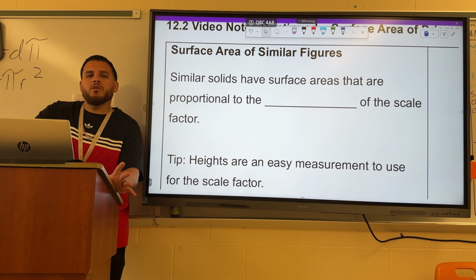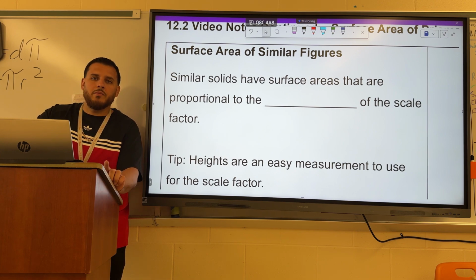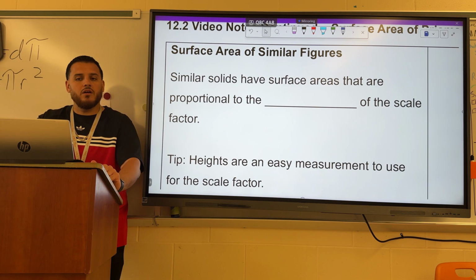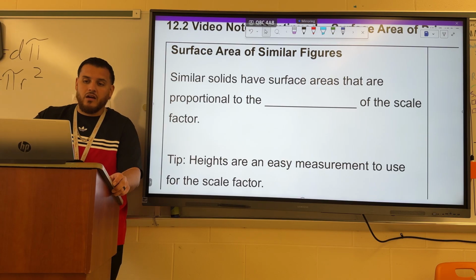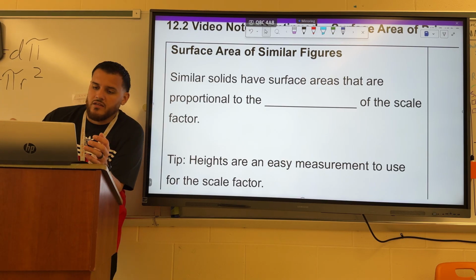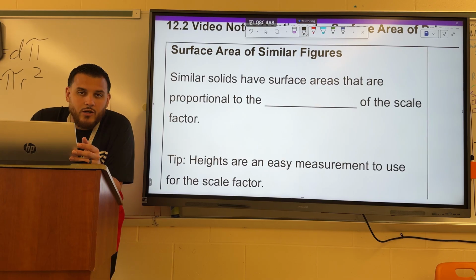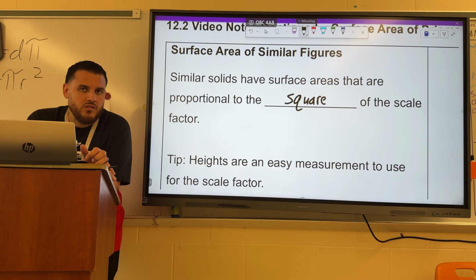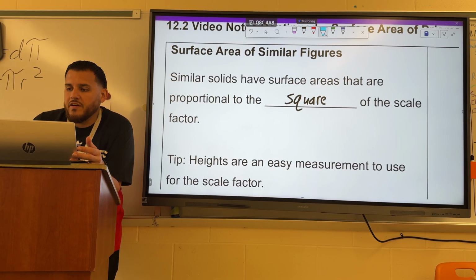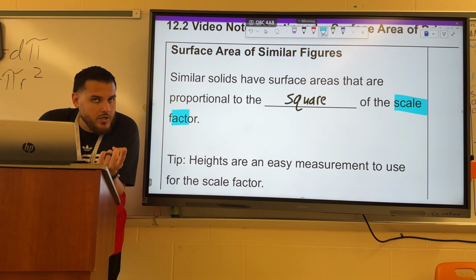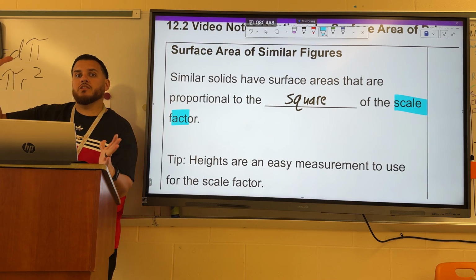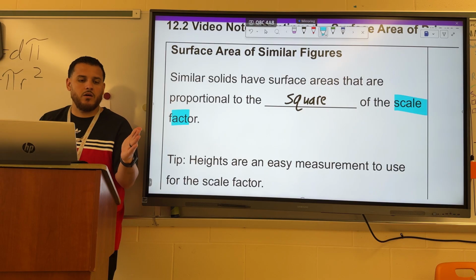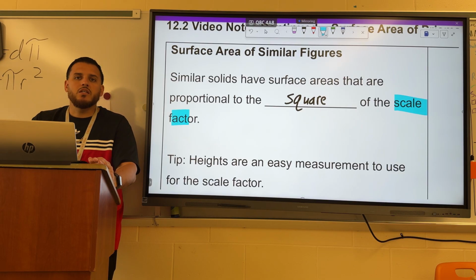Throughout Unit 12, we're going to be learning how these 3-dimensional measurements are involved with similar figures. So for surface area, any similar solids are going to have surface areas that are proportional to the square of the scale factor between those two solids. As a reminder, scale factor comes from 1-dimensional measurements. Like how much larger did the 1-dimensional measurements become from a pre-image to an image?